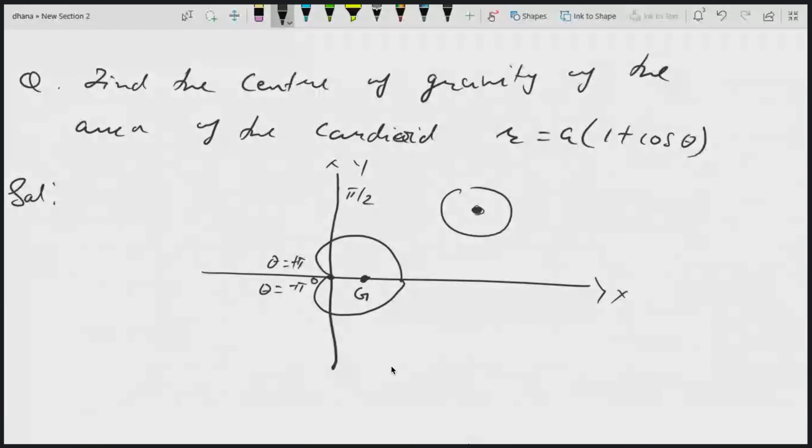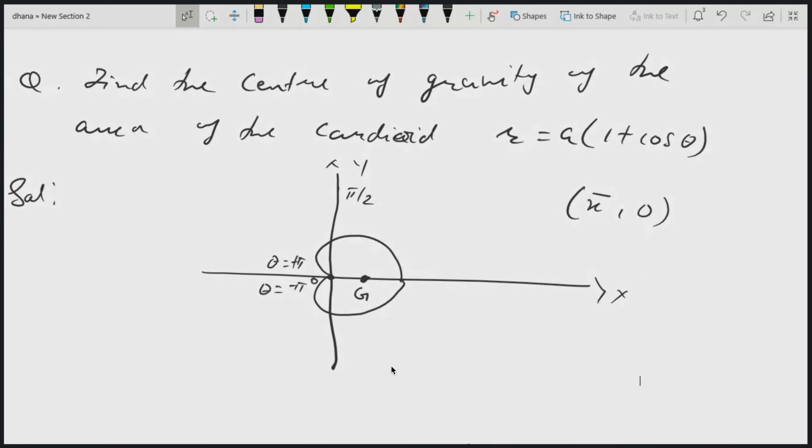Can you? No, ma'am. Since for this problem the center of gravity lies on the initial line, therefore y bar is 0. So we need to calculate this x bar value now.